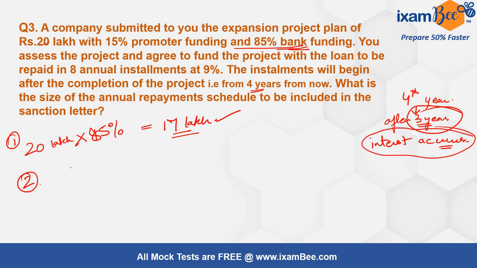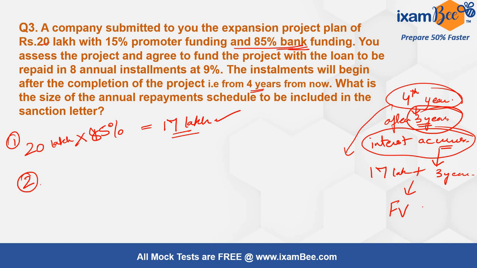Okay, so on 17 lakh, my second step will be, when my repayments start at 4 years, what will be the amount? It will be 17 lakh plus the accrued interest of 3 years. Okay, which eventually means I can find the future value, at the beginning of 4 years or at the end of 3 years, what will be the future value of my 17 lakh loan. So my second step is to find the future value after 3 years.